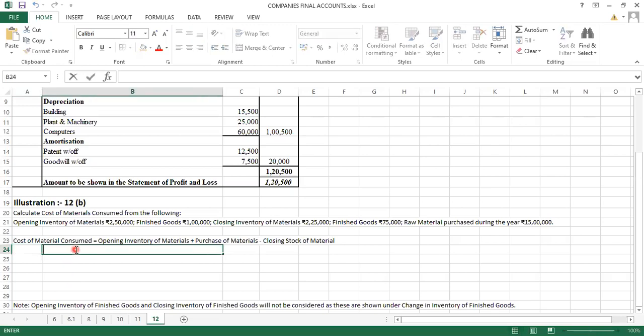Now we have an opening stock which has been given to us, 2,50,000, plus purchases. Purchases are 15 lakh rupees, minus closing 2,25,000.